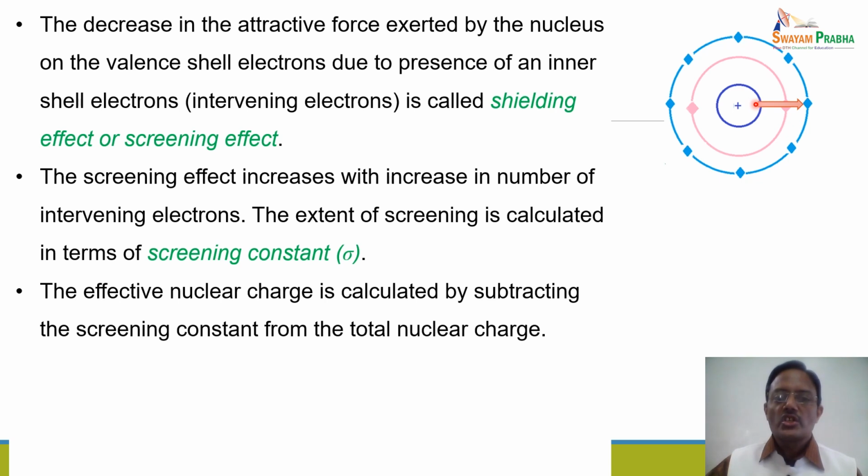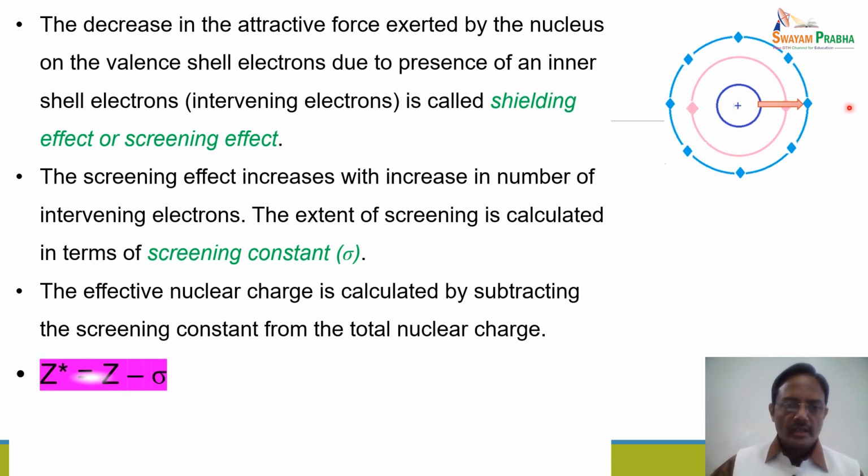This is called the shielding effect, which can be measured in terms of screening constant or shielding constant. In other words, the intervening electrons are acting as a shield between the outer electron and the nucleus.